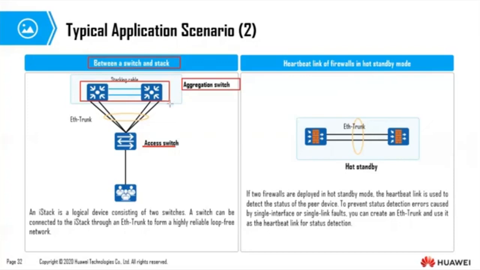So when we do that, we need to bundle up all these interfaces here into a single Ethernet trunk, because now, logically, it's like they're connecting to a single switch. Is that clear? So between a switch and a stack.